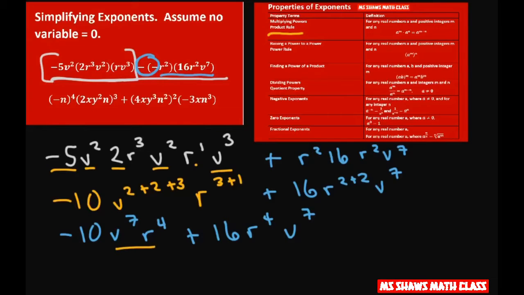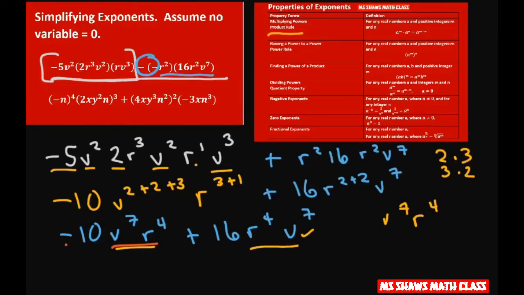Since these are the same, they're just reversed, I could write this one here as v to the 7th, r to the 4th. Doesn't matter the order because we're multiplying them, just like 2 times 3 is the same as 3 times 2. So now I just have to combine them.